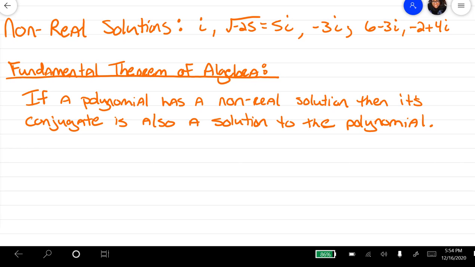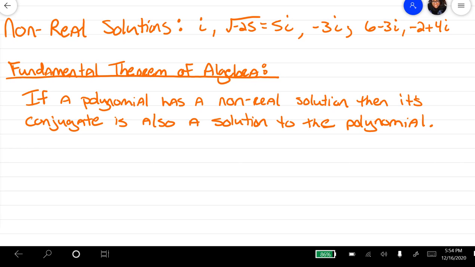So, let me explain. First of all, again, I just alluded to what it means to be non-real. These are things involving those imaginary numbers, those numbers that don't actually exist, so we have the square root of a negative.